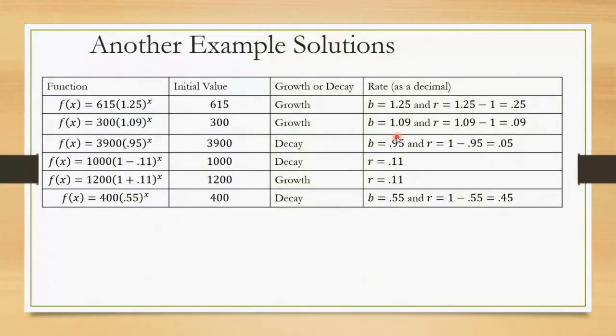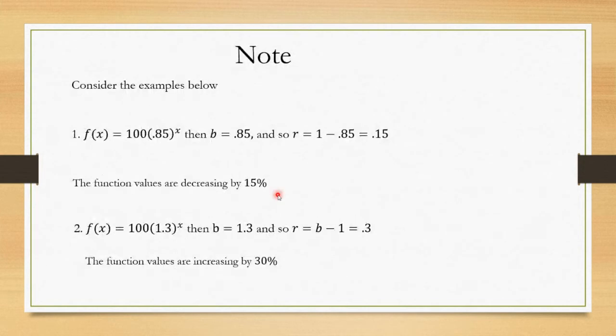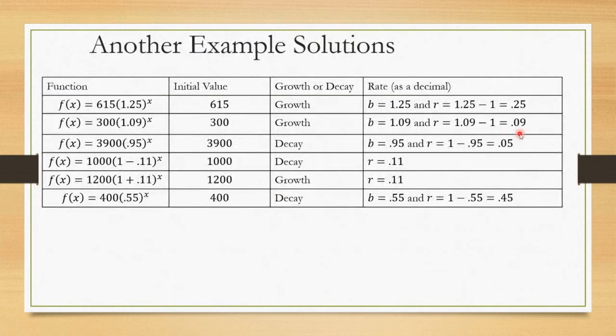And here, our rate, how would you get the r, in other words? Well, your base b is 1.09, bigger than 1, so we have 1.09 minus 1, again using this, and that's just 0.09. And that's what we get.